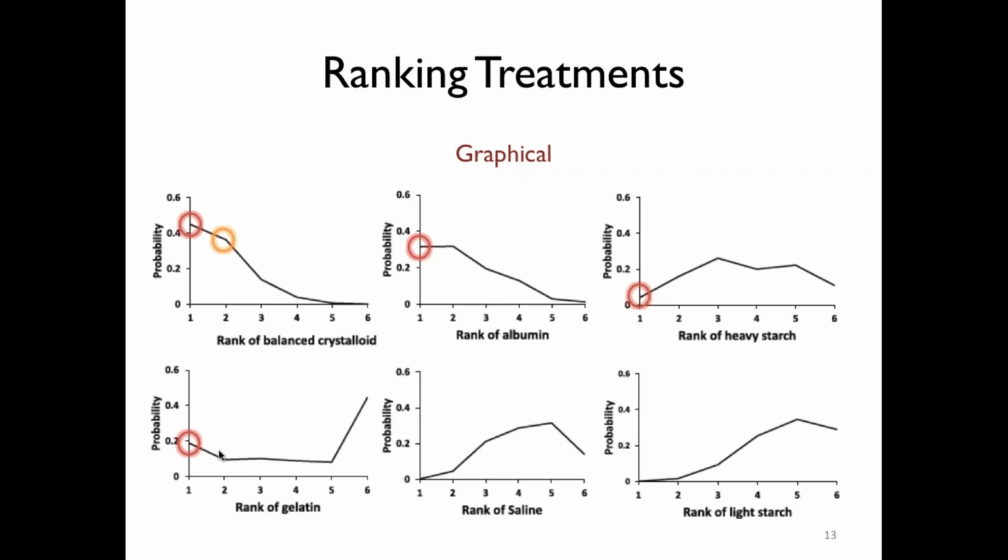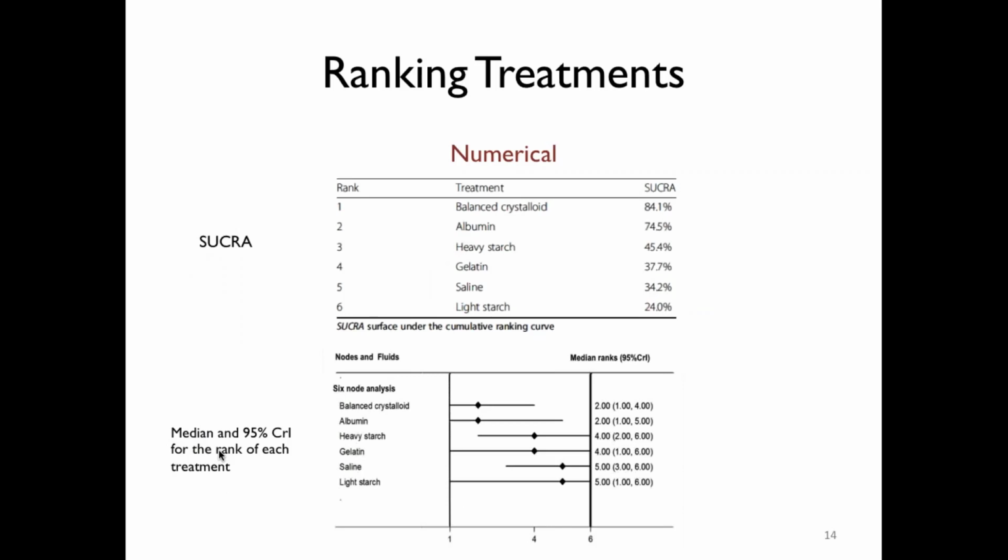For the second rank, balanced crystalloids and albumin still appear most likely, and saline and light starch less likely, but heavy starch now has higher likelihood than gelatin. Looking across these figures, you could make an intuitive estimate of the rankings and the gradient in effect across the treatments.